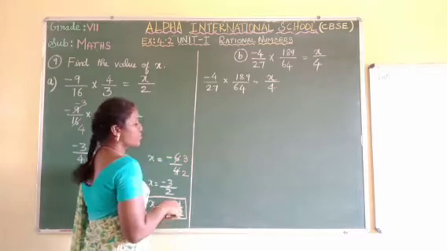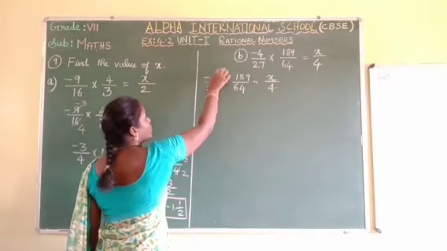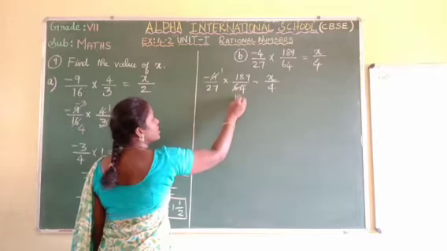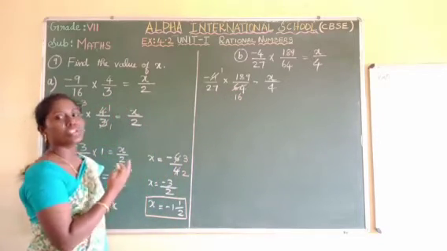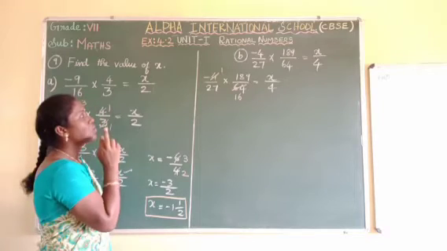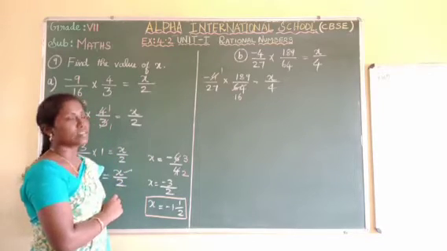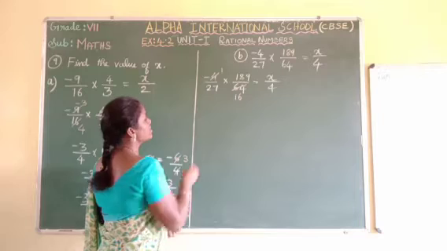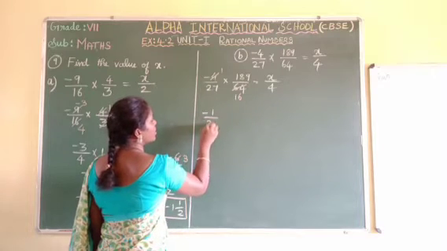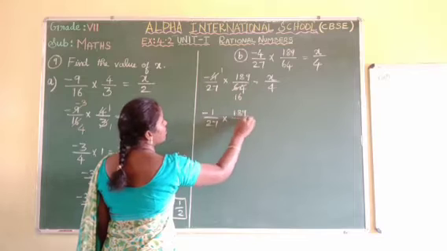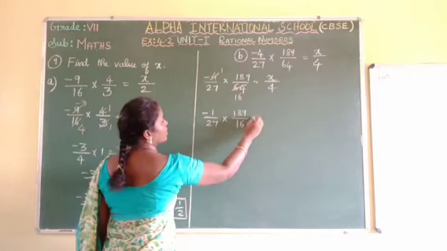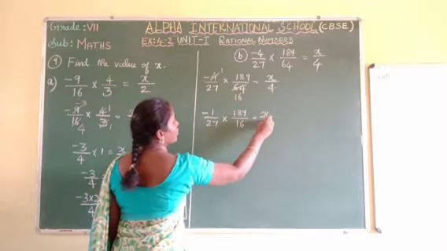Shall we simplify first? Yes. 1 4 is 4. 16 into 4 is 64. See, 4 is into 4, so it is possible to divide by 4. The remainder is minus 1 by 27 into 189 by 16 equal to x by 4.